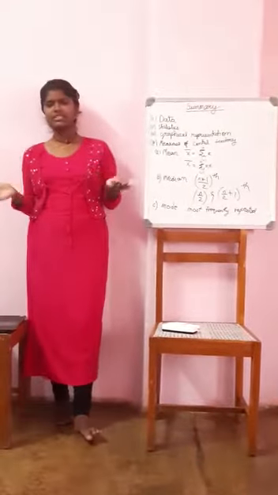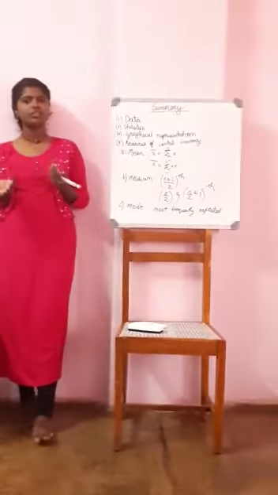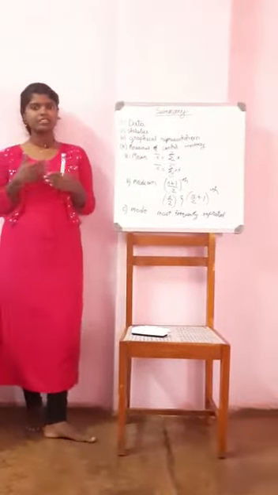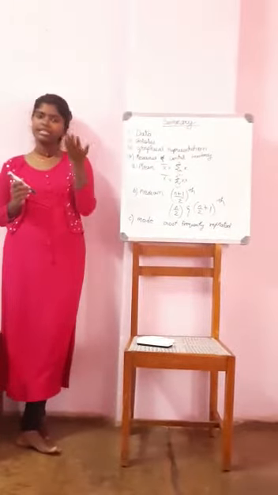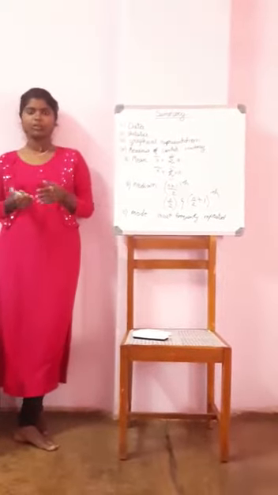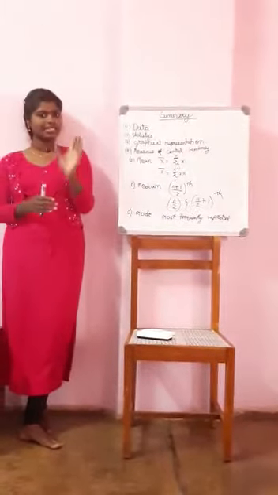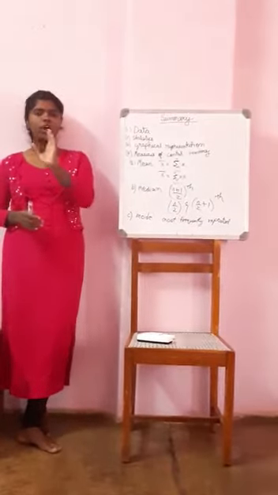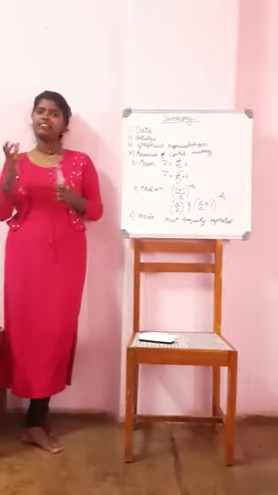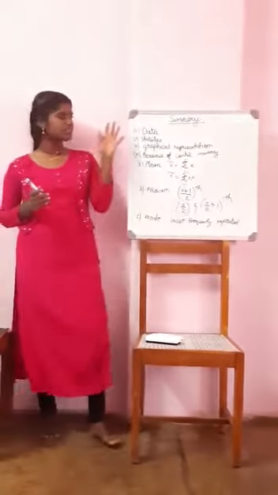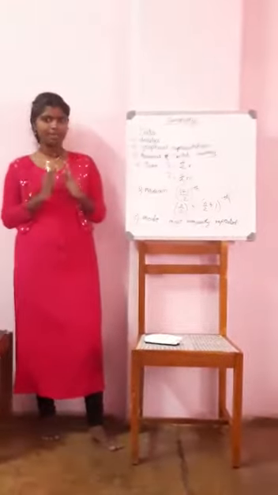Now that this information is there, how will you represent it? There are different types of representing the data. First is representing the data in the form of a tabular column, writing the marks separately, then finding out how many times that data is repeated, that is called frequency. Then finding out the total. That is how we represented the data using a tabular column.